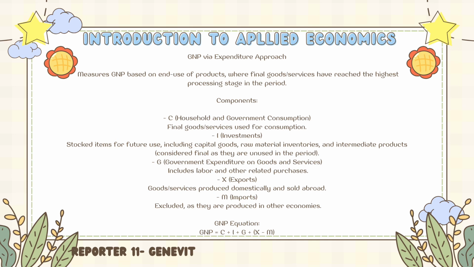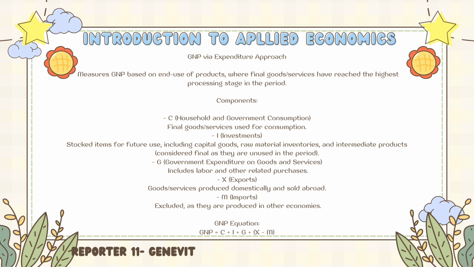G stands for Government Expenditure on Goods and Services. This covers government spending on physical goods and services, including payment for labor like salaries of public workers and related purchases such as office supplies or equipment for public agencies.